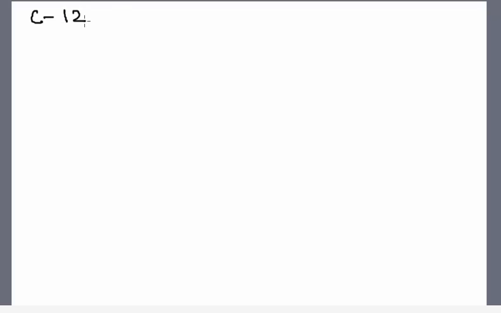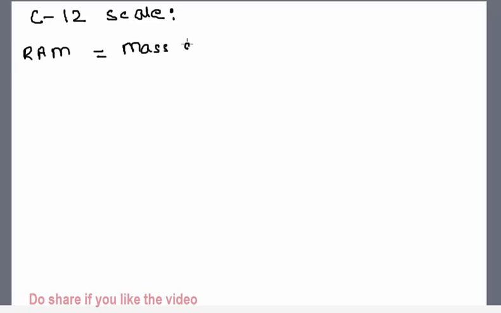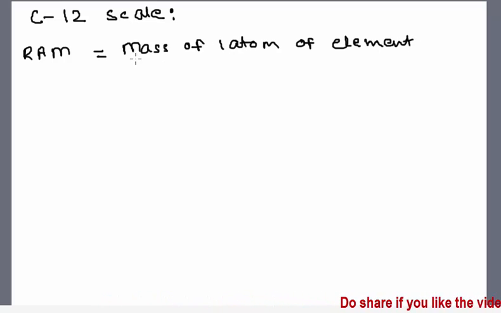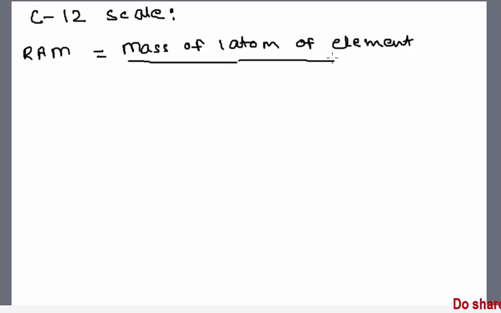So the present accepted scale is the C12 scale, and now I think you all must be in a comfortable position to define Rm on the C12 scale. It will be Rm is equal to mass of one atom of element divided by, now I'm sure you all must be quite comfortable to figure out this time that when I define it on the carbon C12 scale, I will place 1 by 12 times the mass of one atom of C12.